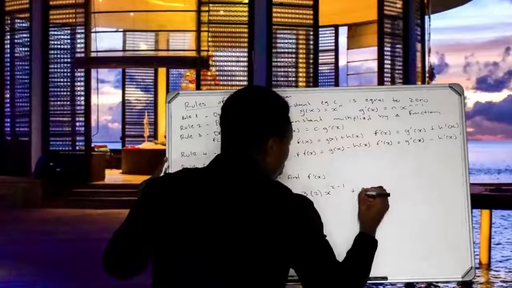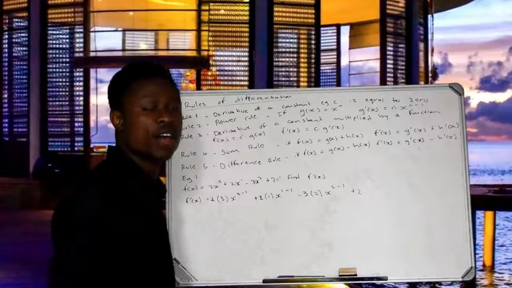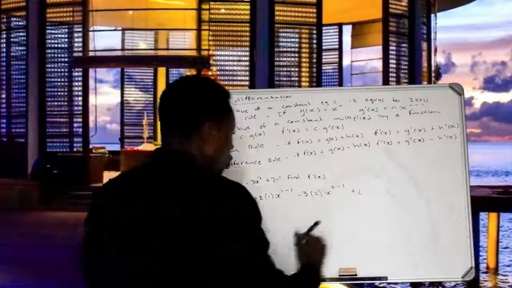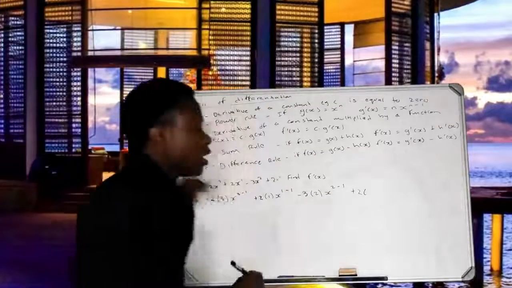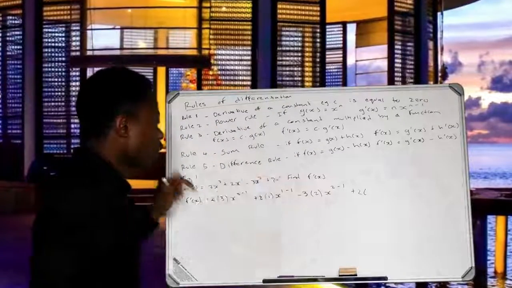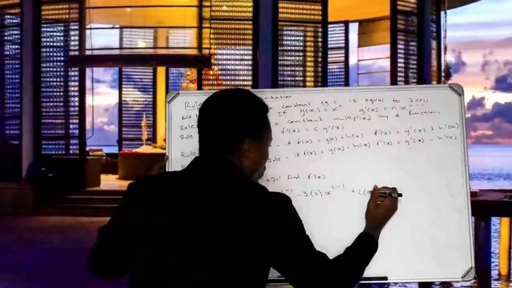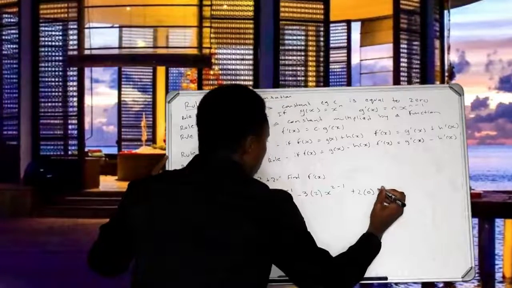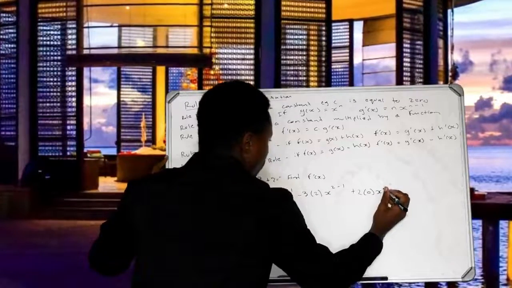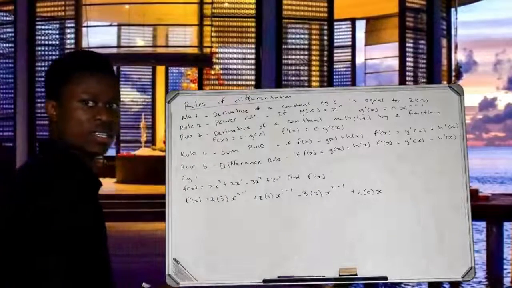So this will be 2. Let's use the multiplication rule. This will be 2, and then we put a bracket. x is to the power of 0, so we multiply by 0, and then we write x.